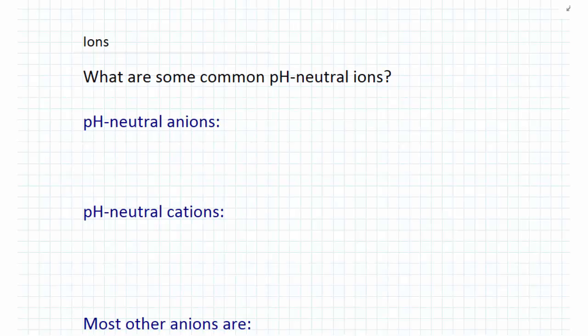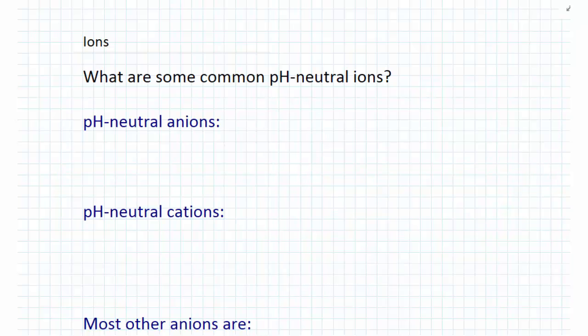Let's summarize. What are some common pH neutral ions? We only memorize a certain number of strong acids and strong bases, and the pH neutral ions are the ones whose conjugates are related to those.